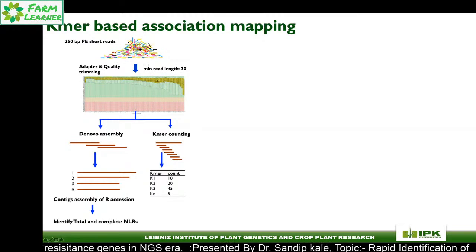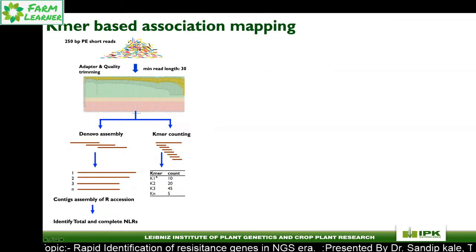Once these reads are trimmed, instead of calling SNPs, here you identify k-mers. K-mers are nothing but short stretches of sequence, and they can also act as markers. You identify these k-mers from all the reads of each sample, and then you get a k-mer count table.